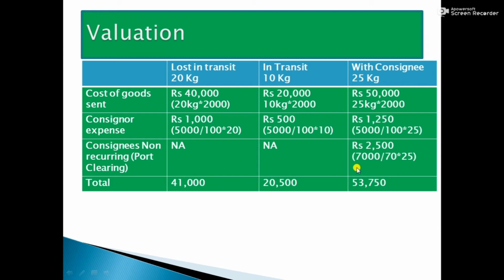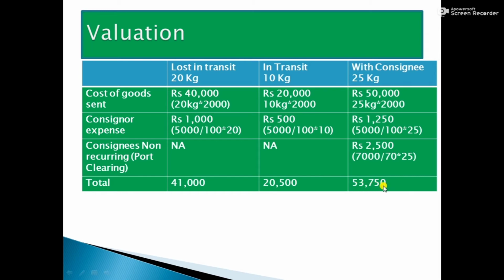He received only 70 kilograms. Therefore, for 25 kilograms, the port clearing charges is 7,000 divided by 70 into 25. That is 2,500. Therefore, total value of the inventory 53,750. That should be credited to consignment account.